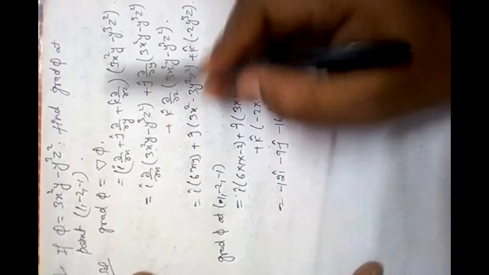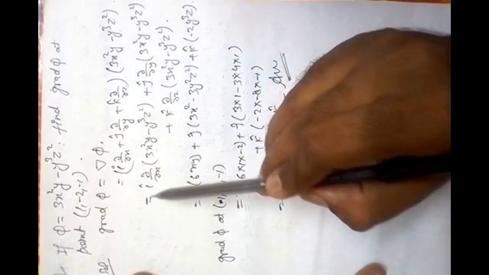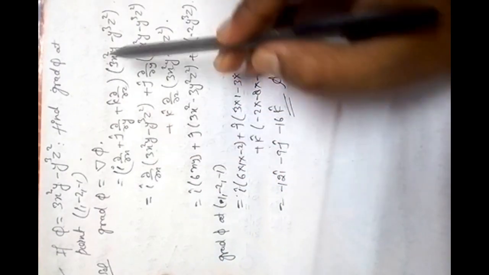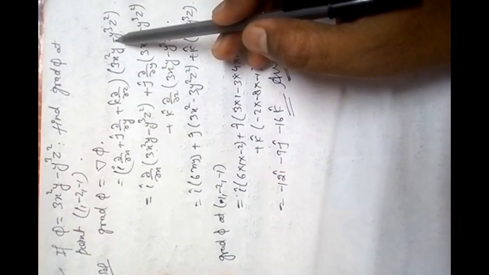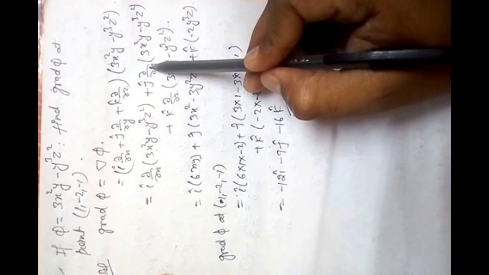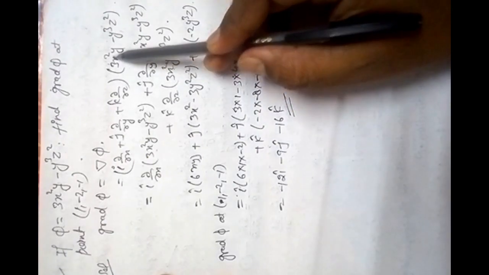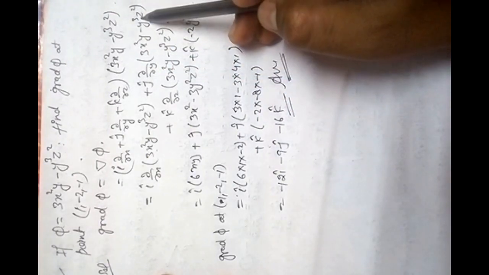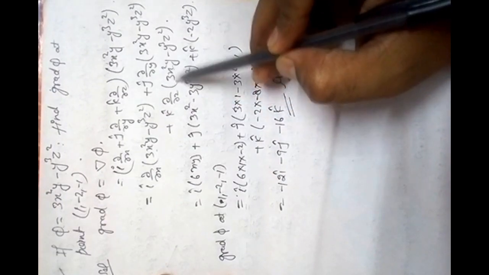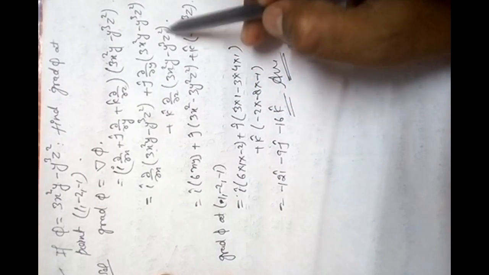Multiplying these terms, we get i del upon del x of 3x square y minus y cube z square, plus j del upon del y of the same, plus k del upon del z of 3x square y minus y cube z square.